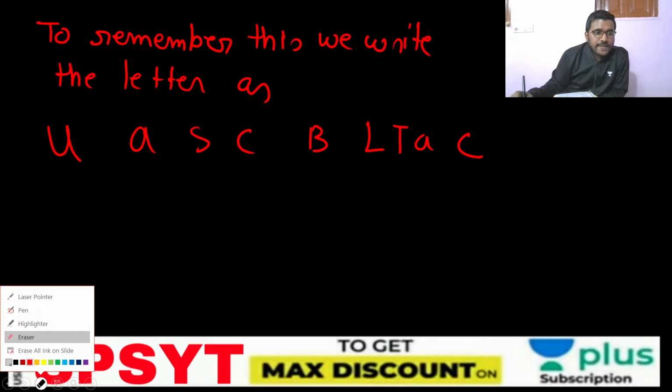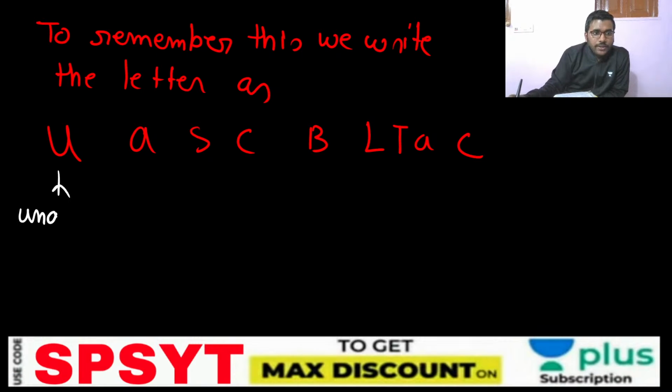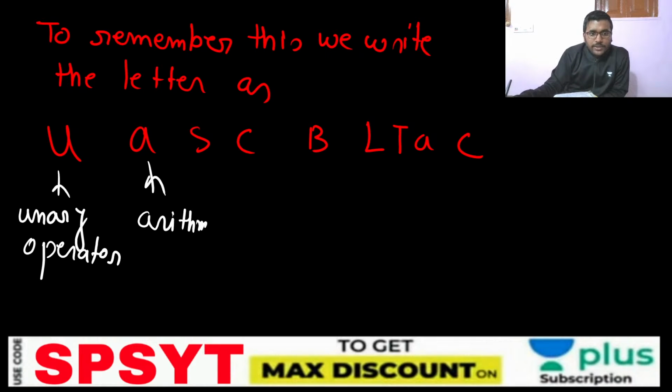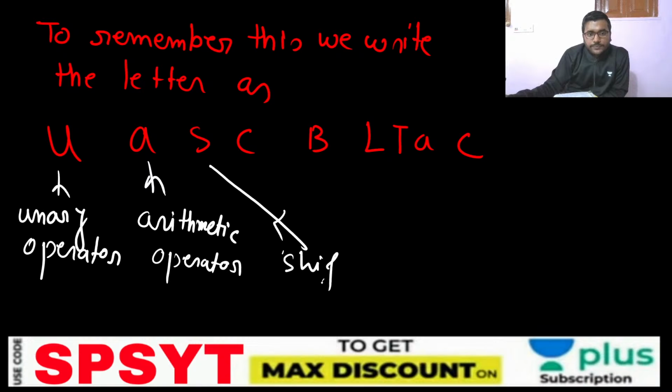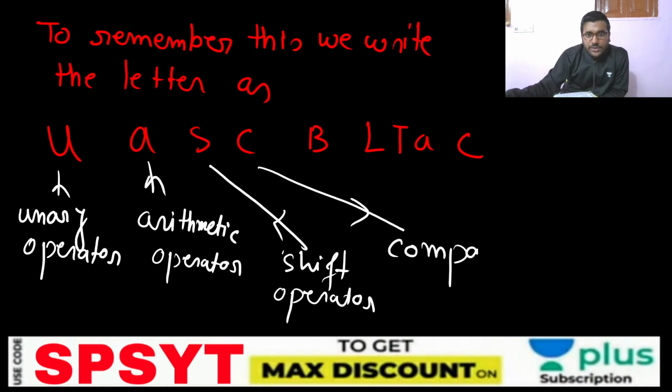So U stands for unary operator. A stands for arithmetic operator. S stands for shift operator. C stands for comparison, sorry, this first C stands for comparison and the last C stands for comma. B stands for bitwise operator.